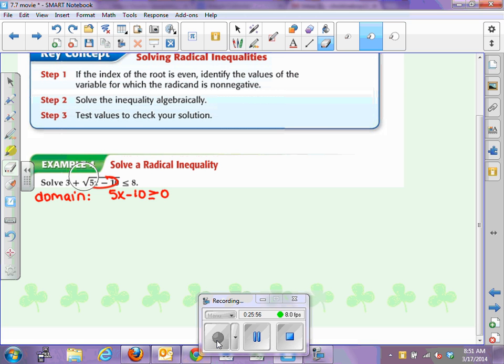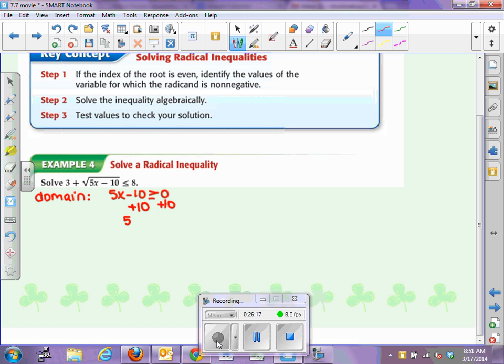All right, so I always start by saying the quantity that's under the radical has to be positive if the root is an even number. So I solve this by saying I'm going to add 10 to both sides.